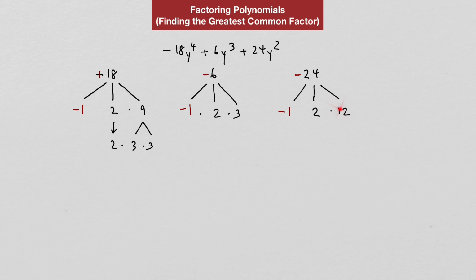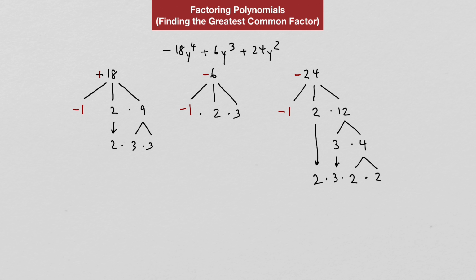However, 12 can, and 12 factors into 3 times 4, and then it factors further down, at least for 4, to 2 times 2. Okay, so if we carry all of these down, we see that the prime factorization for positive 24 is 2 times 3 times 2 times 2.